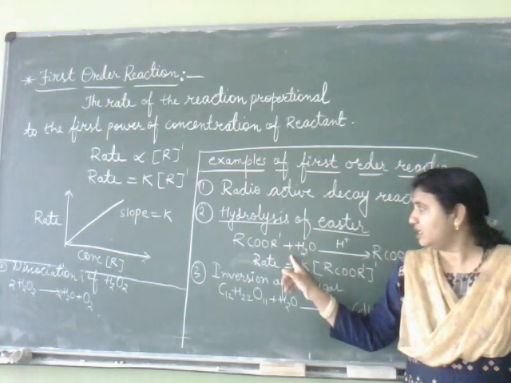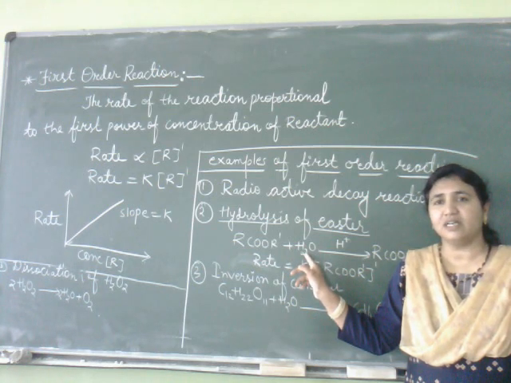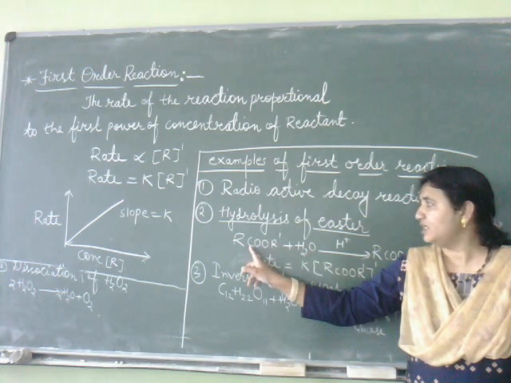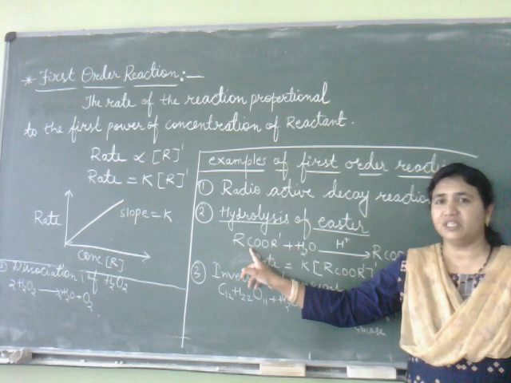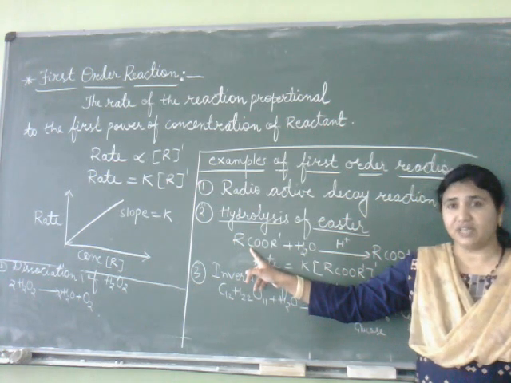So in this reaction, water is present in excess amount, so its concentration is not considered. Its concentration is 0 here, so we take the concentration only for the ester. So this reaction is a first order reaction.